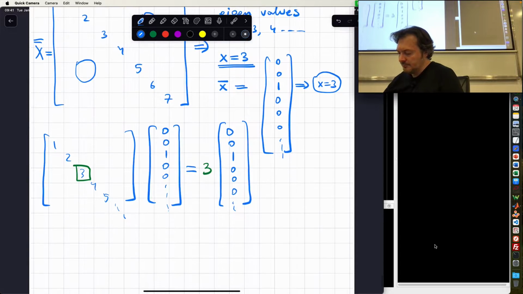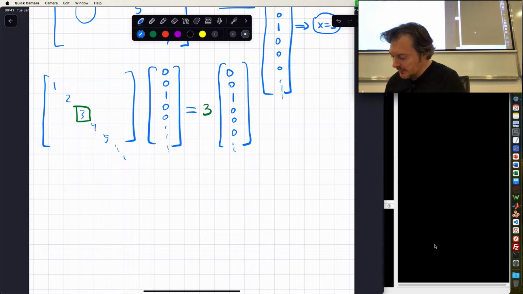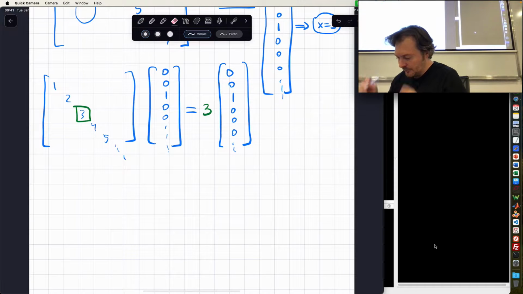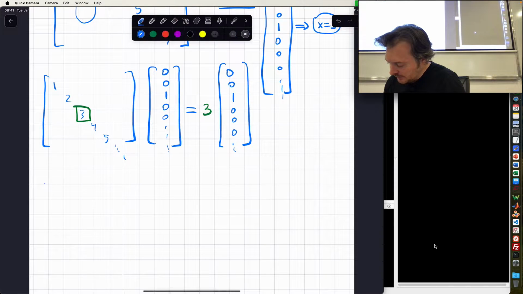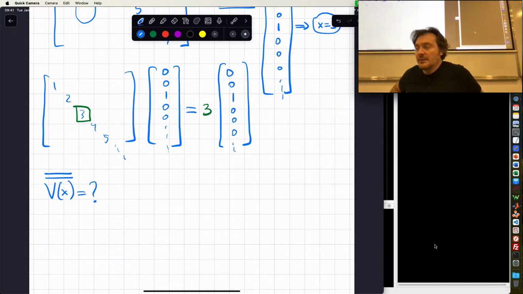Do you have any questions? No. How about, let's say, Hamiltonian? Oh no, let me move slower. How about V of x? How would you represent it as a matrix? It's the potential, yes, and it's a function of x only.